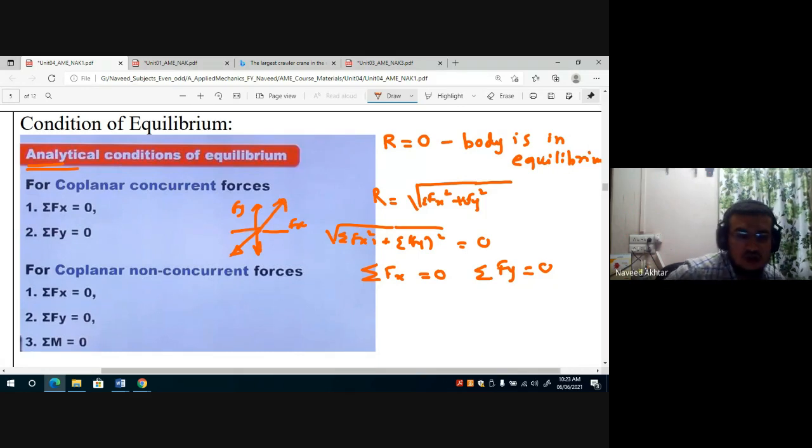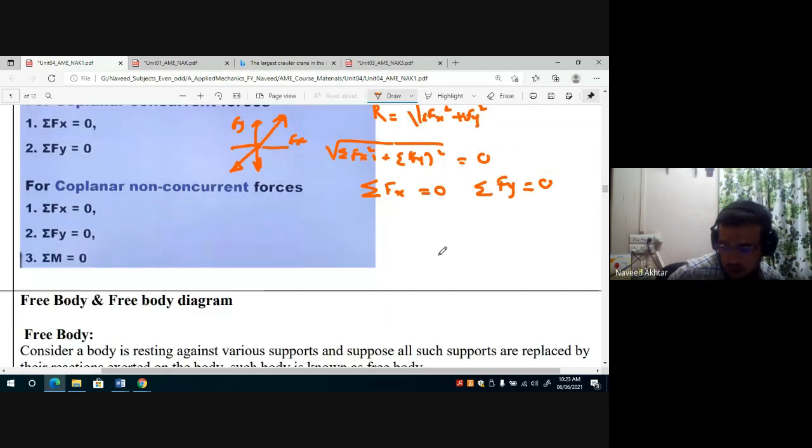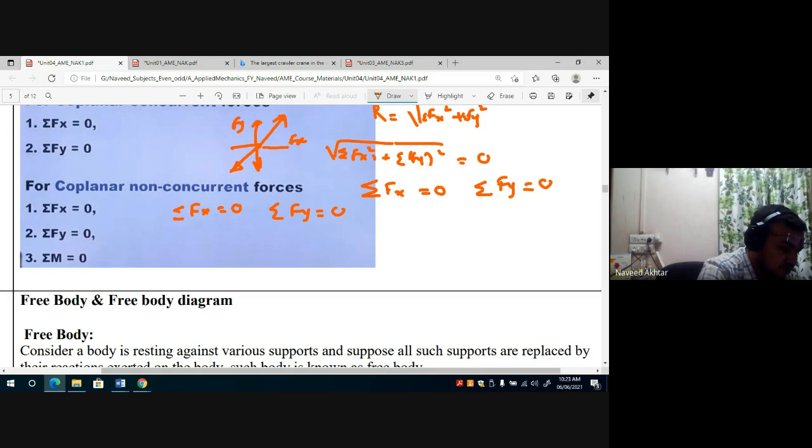Now, for the non-concurrent force system, here also the summation of Fx is equal to 0 and the summation of Fy is equal to 0. Also, as per Varignon's theorem, the summation of moments of all the forces is equal to the resultant into the distance x.